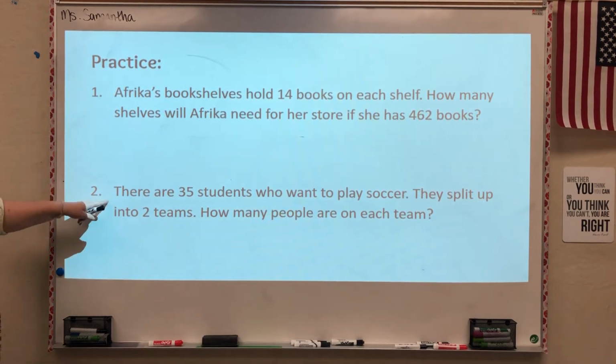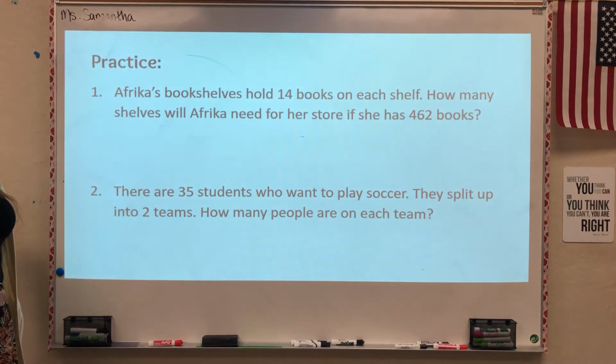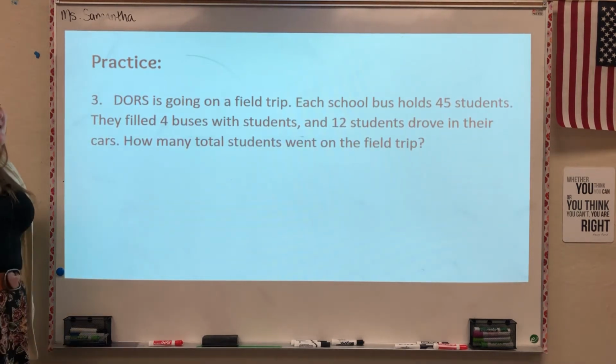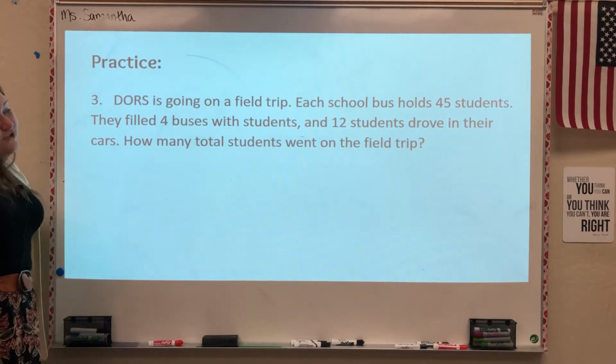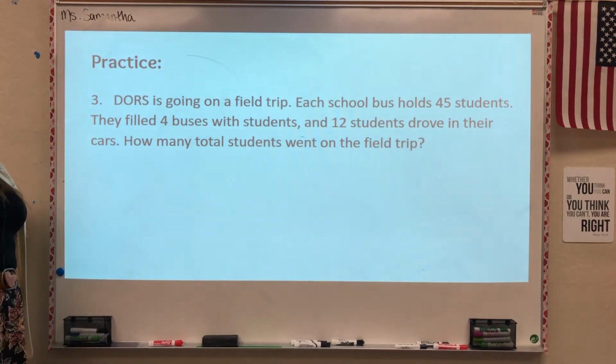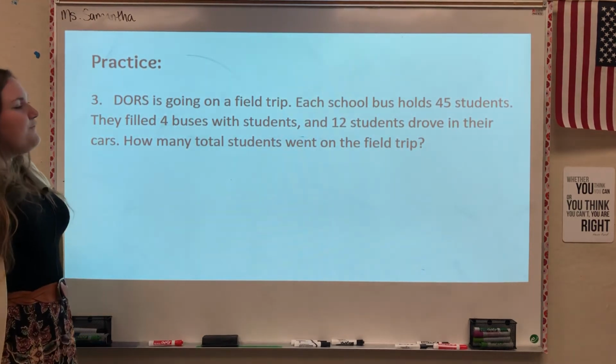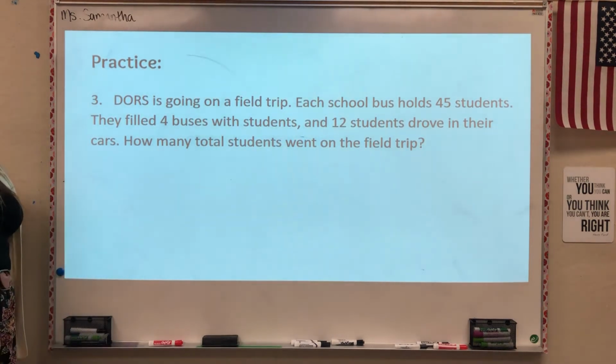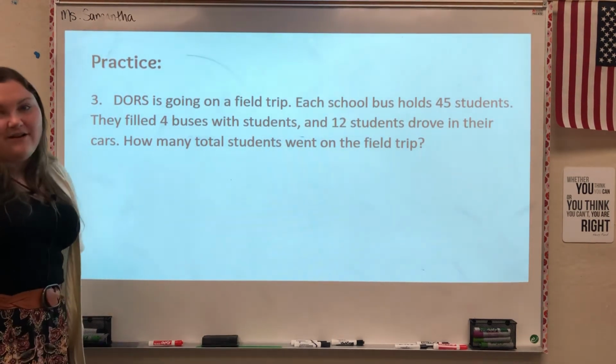Our second problem is there are 35 students who want to play soccer. They split into 2 teams. How many people are on each team? And our final question is Doors is going on a field trip. Each school bus holds 45 students. They filled 4 buses with students and 12 students drove in their cars. How many total students went on the field trip?